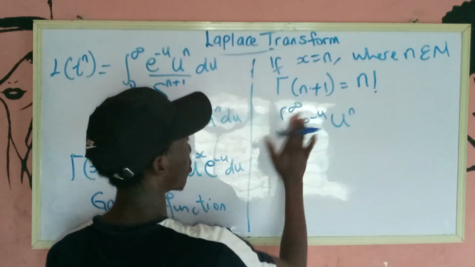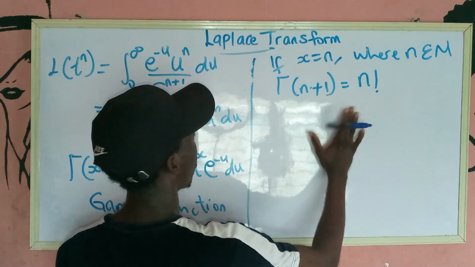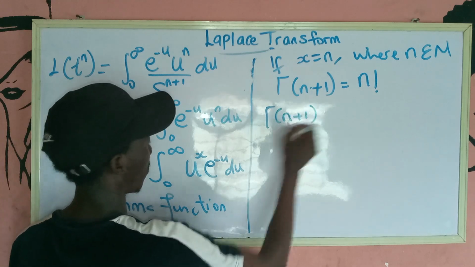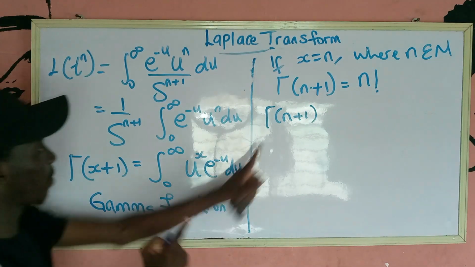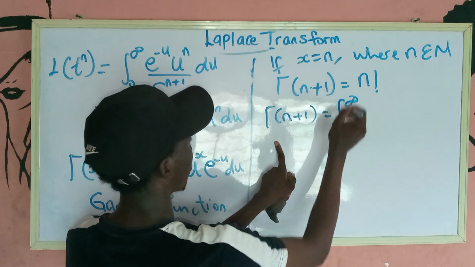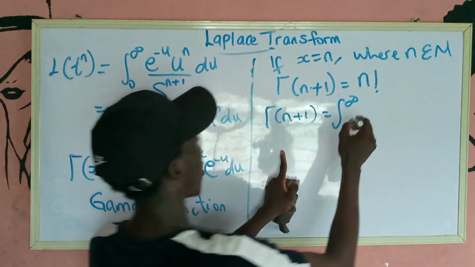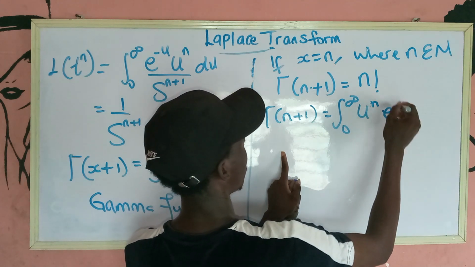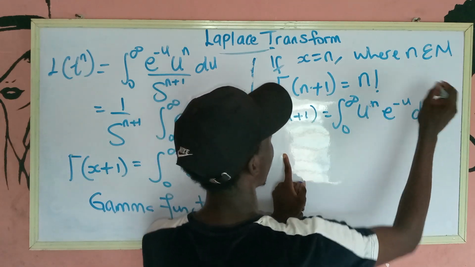From this definition, replacing the x by n, I'll have u raised to power n, e raised to power minus u du.